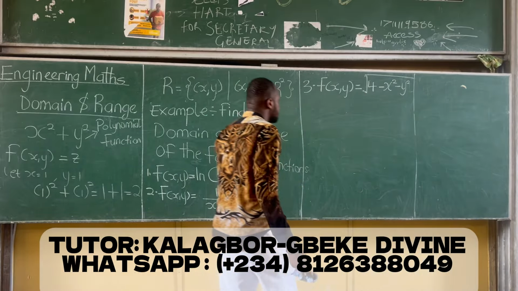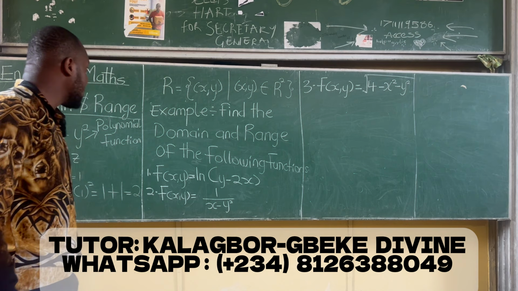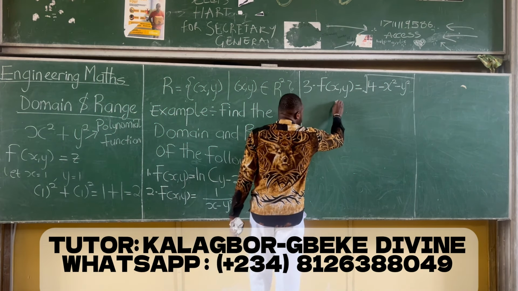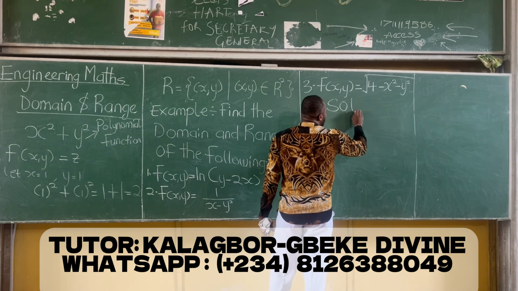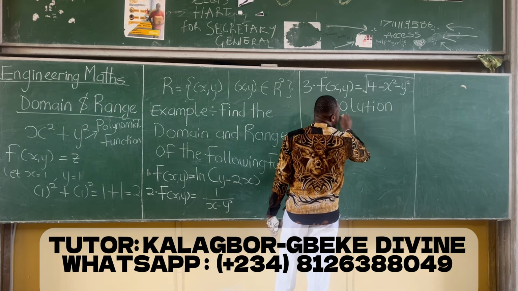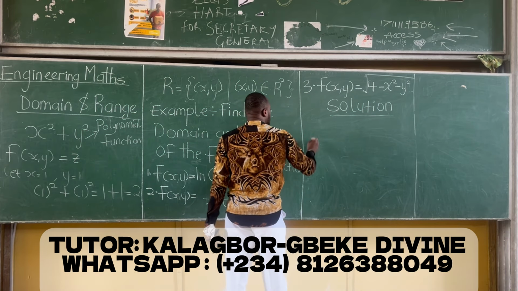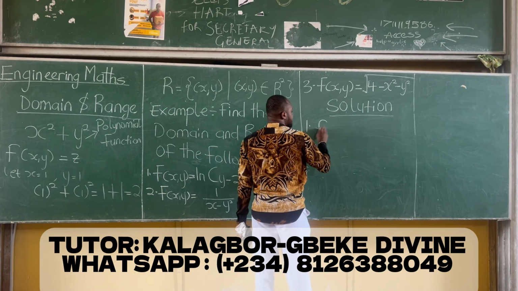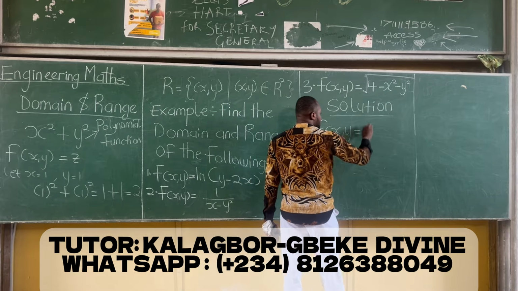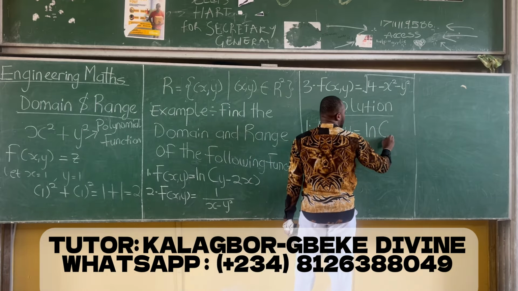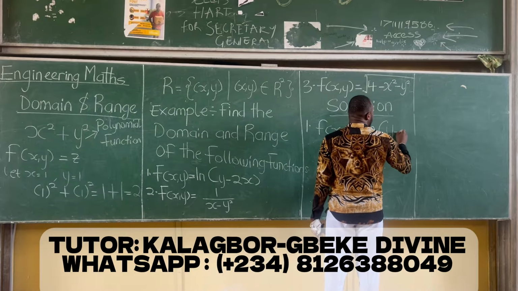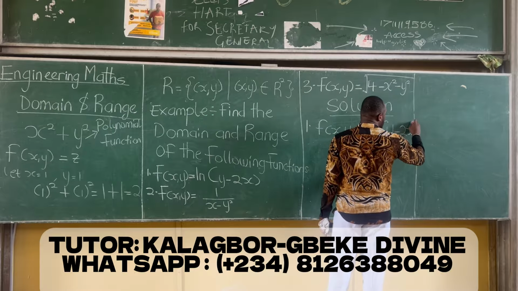All right. So we are given these 3 examples to find the domain and range of the function. For the first one, we have that f of x, y is equal to the natural log of y minus 2x.